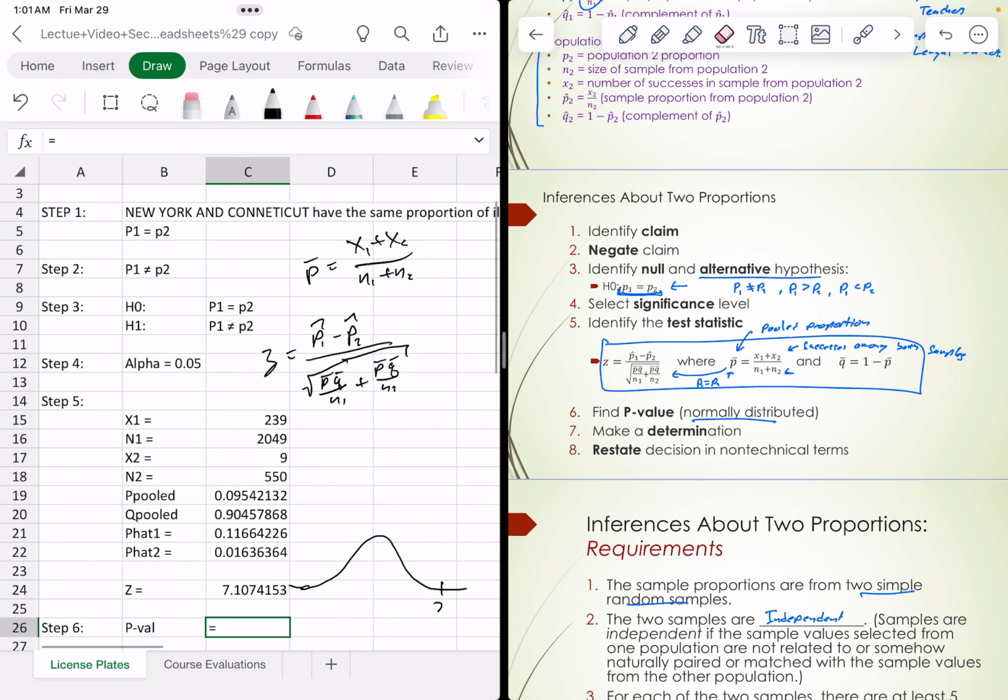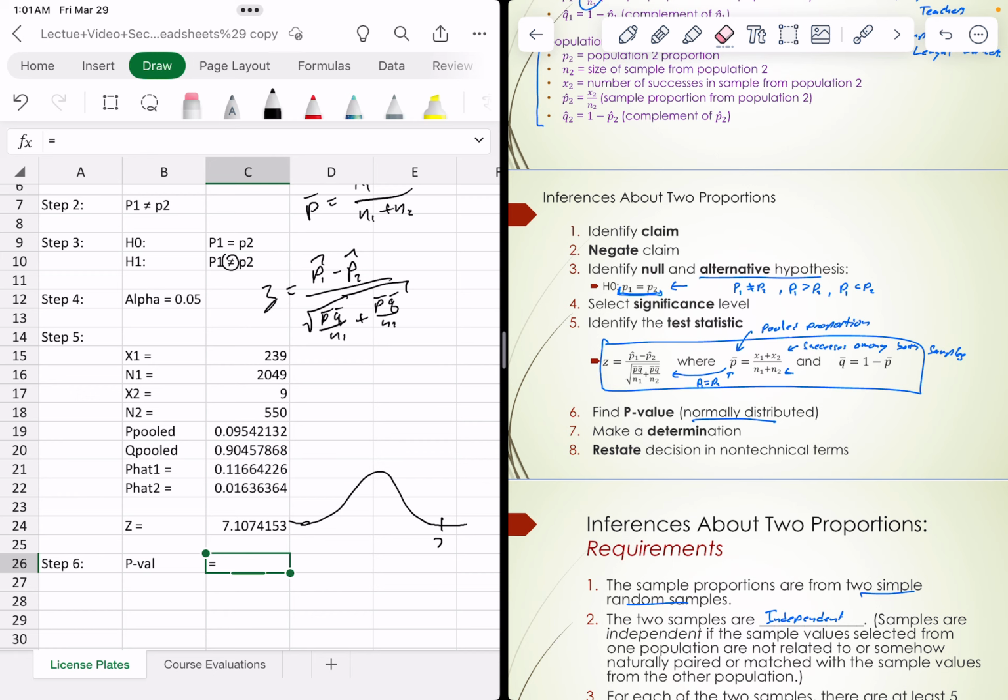It is a two-tailed test because of the not equals. So I want this area and this area. I'm going to find this area first and double it.